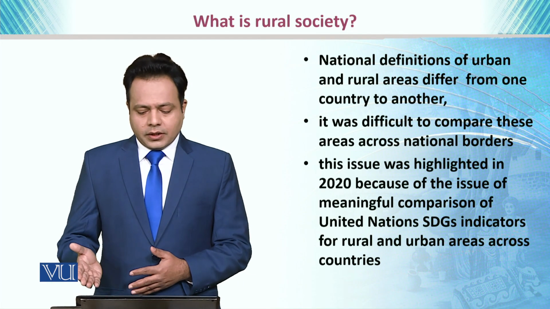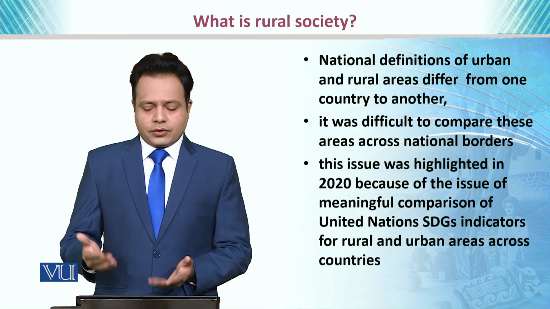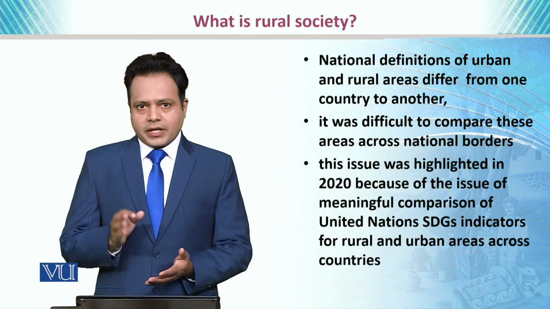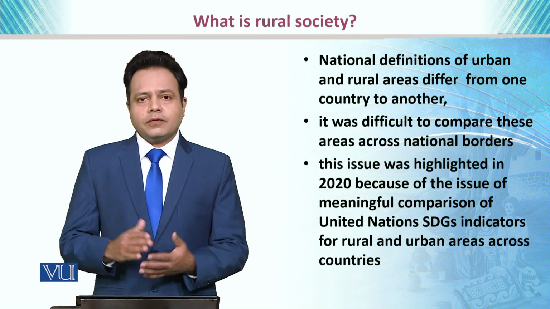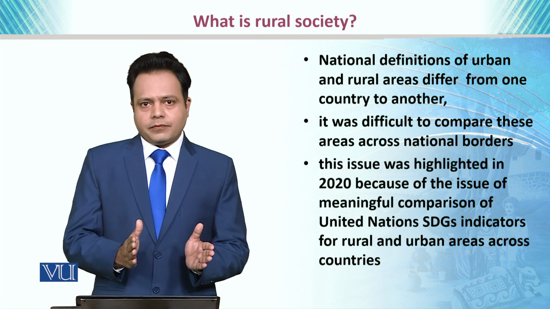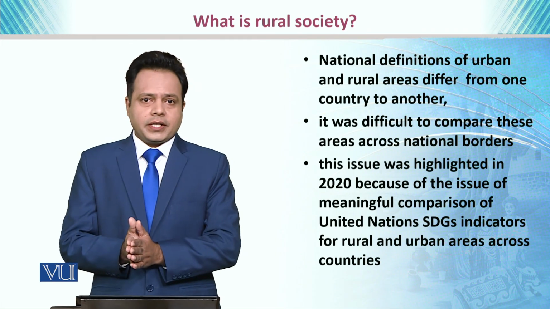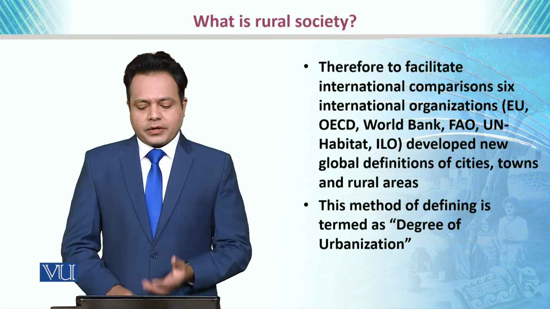For example, the issue was recently raised in 2020 when the United Nations, while indicating the SDGs, Sustainable Development Goals, had to distinguish specifically both rural as well as urban areas. So this problem became very apparent.